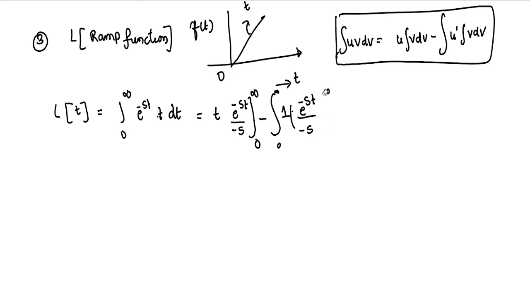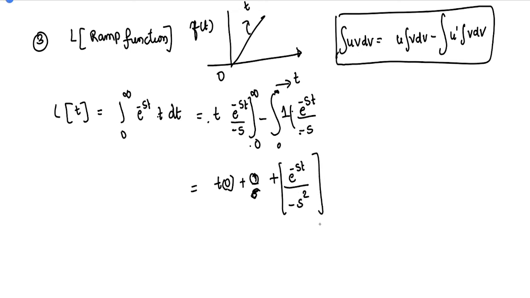After integrating this, if you substitute the upper limit, it will be 0, and the lower limit will be 1 by s, with s at 0. So this will be 0, and minus into minus plus e power minus st by minus s square.